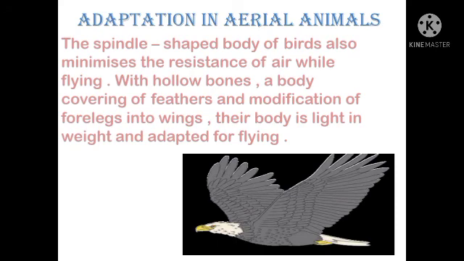Then, the hollow bones and the body covered with feathers. And also, the forelegs modified into wings. All these adaptations help the bird to fly, soar high in the sky.